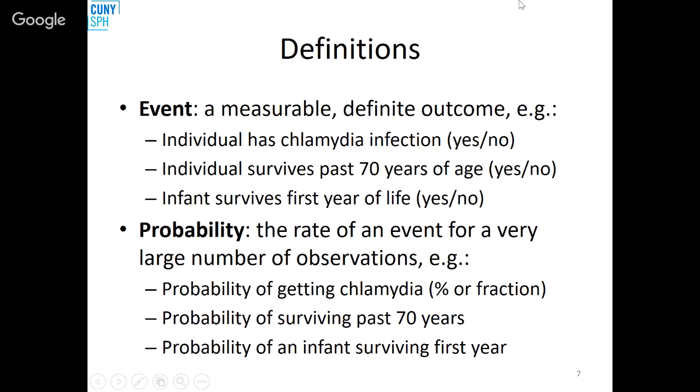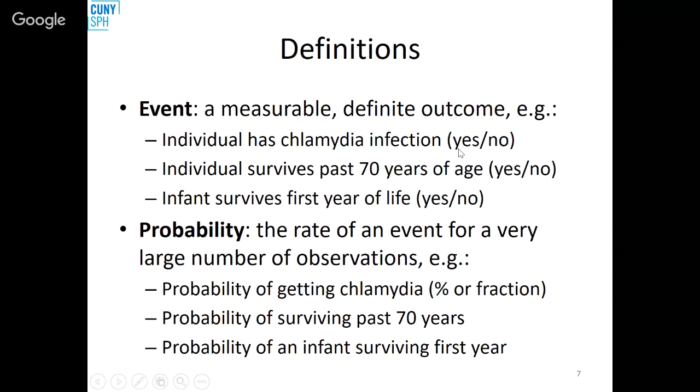So now you have a couple of examples. I'm going to get into this a little bit more, starting with a couple of definitions. First, of an event, which is any measurable and definite outcome, something that both we can measure and we can write down those possible outcomes. So such as an individual has a chlamydia infection, yes or no, talking about one individual, and they either do or do not have an infection.